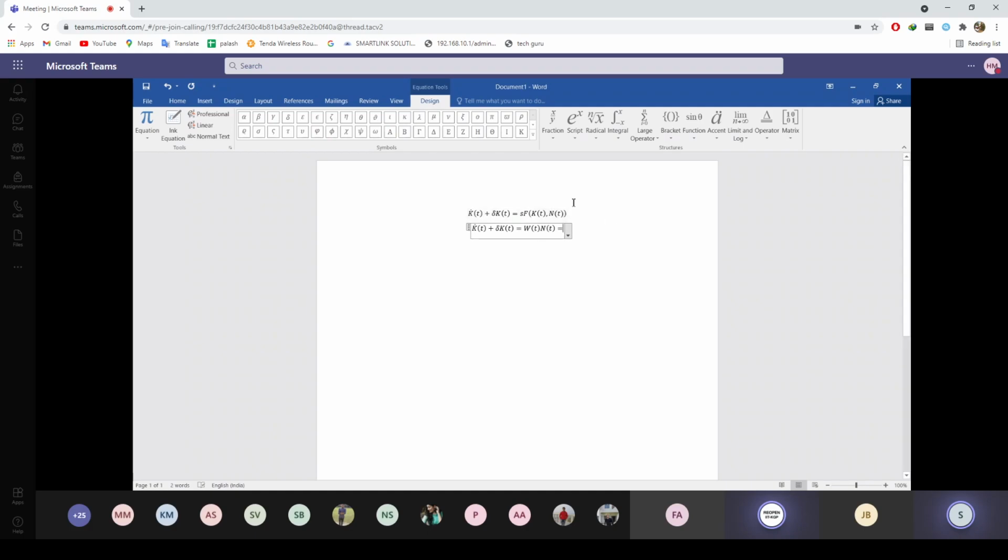I'm doing it with a simple production function. When the production function is Cobb-Douglas, the alpha and so on will come.